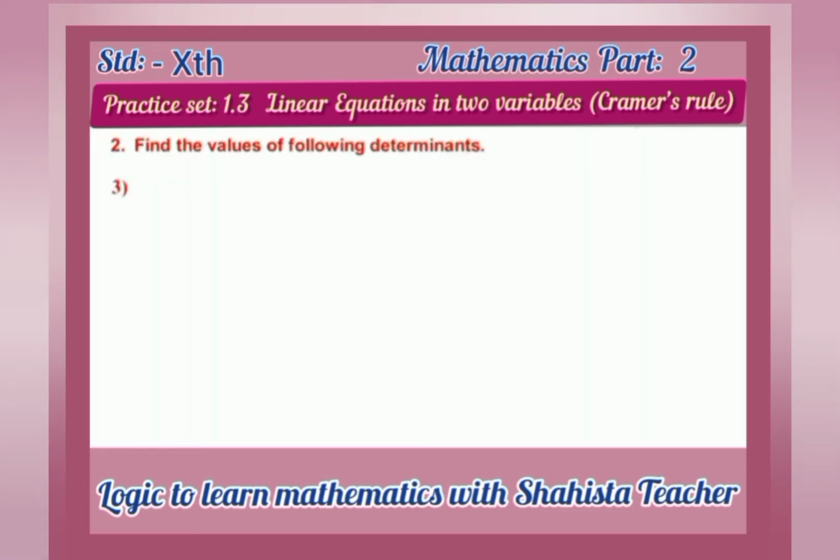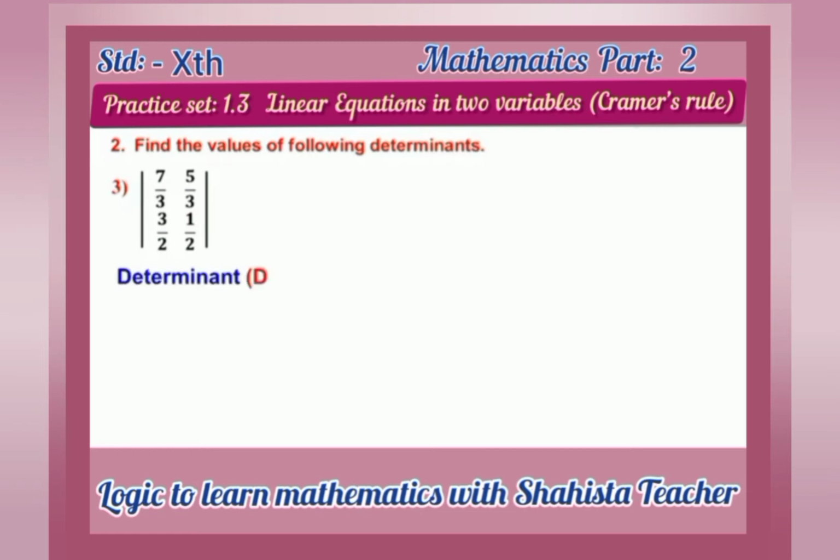Let's read question number 2, sub-question 3. Sub-question 3 says that inside this rectangular matrix, 7 upon 3, 5 upon 3, 3 upon 2, 1 upon 2, four fractions are given. Now determinant D is equal to, again we will draw this rectangular matrix: 7 upon 3, 5 upon 3, 3 upon 2 and 1 upon 2.